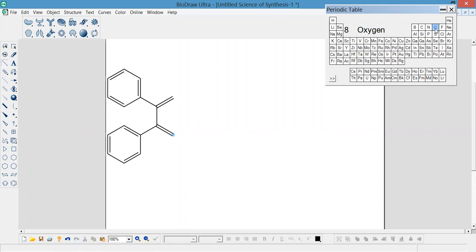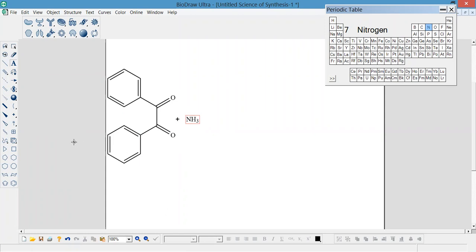Take the oxygen from the periodic table, put it in the proper place so that it becomes a carbonyl compound. Now make a plus sign, to represent the addition of ammonia. Take a nitrogen atom and put it here as ammonia.